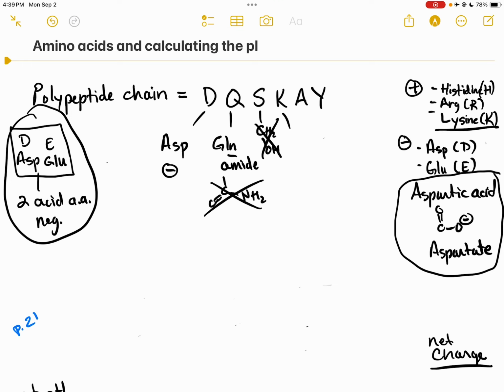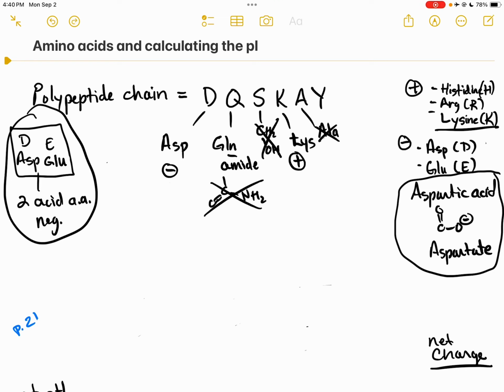K is special. Where's K? It's lysine. Let's write lysine. That's going to be positive. A is for alanine. Alanine is one of the nonpolars, so we don't need to worry about it when we're thinking about the pI, because what is the pI? The pI is the pH where all of these ionizable groups have a net 0.